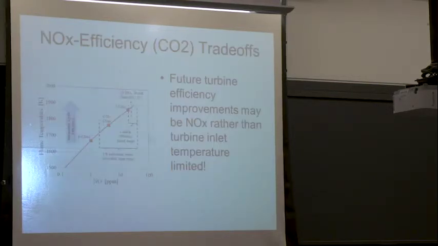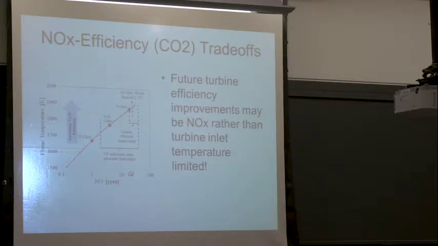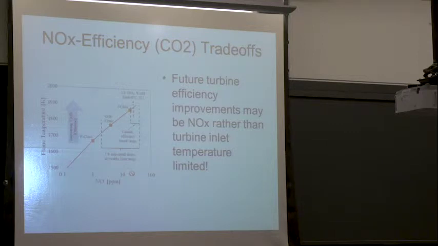I'm just going to jump over these, but let me just show you this slide because I referred to this. There's some really interesting NOx and efficiency trade-offs which we're now starting to encounter. I mentioned how in order to make, let's just say, a combined cycle power plant's thermal efficiency go up or to reduce its CO2 emissions, you want the turbine inlet temperature to go up. So this is a plot of flame temperature.